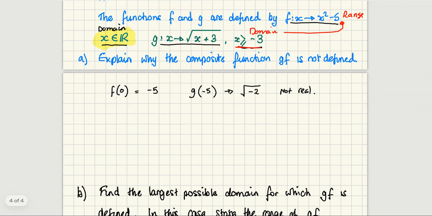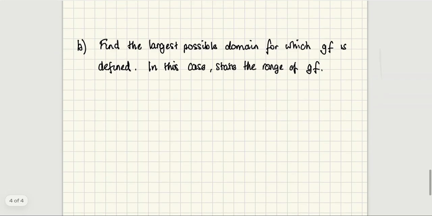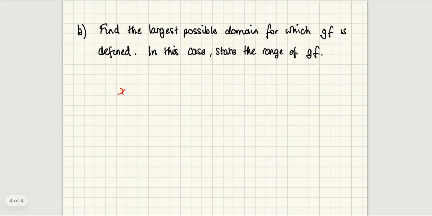The range of this one becomes the domain of the next one. And we know what we want as the domain of the other one. So we're trying to limit the range of the initial function. So we're going to say that x squared minus 5 must be greater than or equal to negative 3.